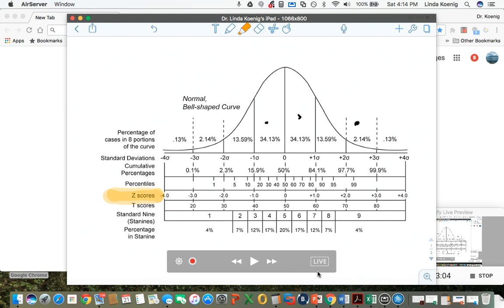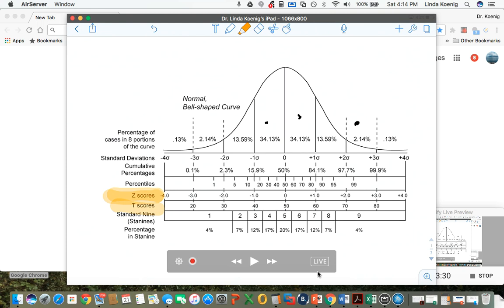Z-scores are one of the most useful types of standard scores that we have. And they're also used in the calculation of other standard scores like the t-score. So we're going to talk a little bit about that in another tutorial, but I want to introduce that to you so that you understand that it's just another way of saying exactly the same thing.